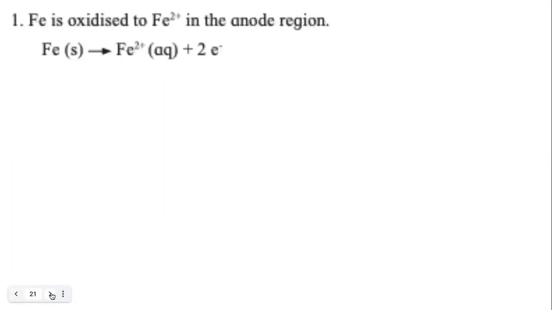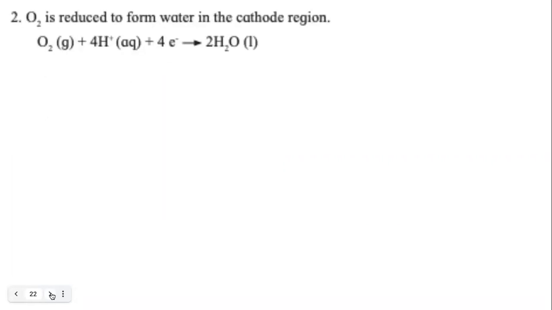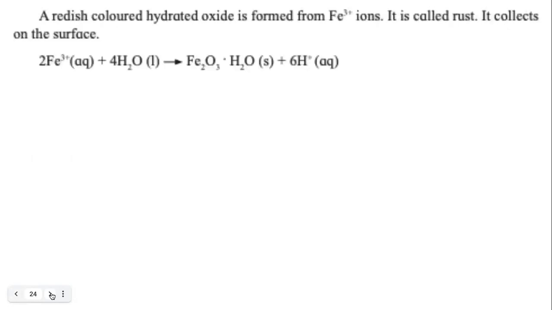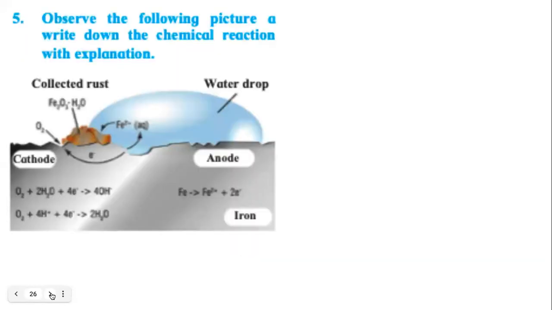Then we have to give this anode reaction. We have to give this cathode reaction. We have to say that Fe+2 converts into Fe+3 and how this is the most important reaction, the final reaction. Fe+3 reacts with H2O to form Fe2O3, which is rust. This is a long answer question.